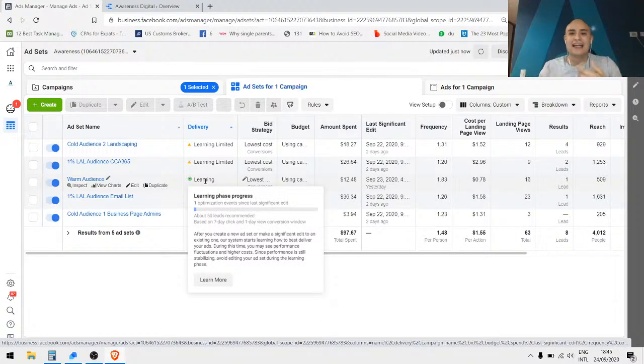So you can read a lot on the internet and whatnot that, even if you talk to people from Facebook, they'll consult you because you're assigned a Facebook manager or account rep. And a lot of times they'll say, oh no, you have to get 50 optimizations for Facebook to really optimize your campaign. That's all bullshit.